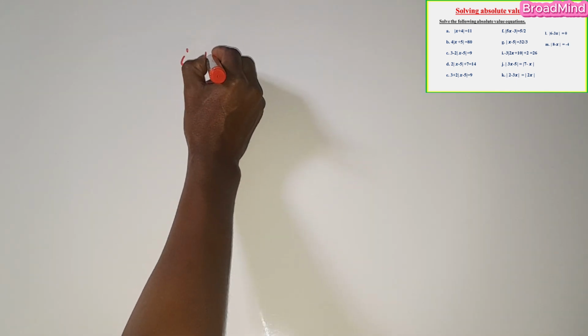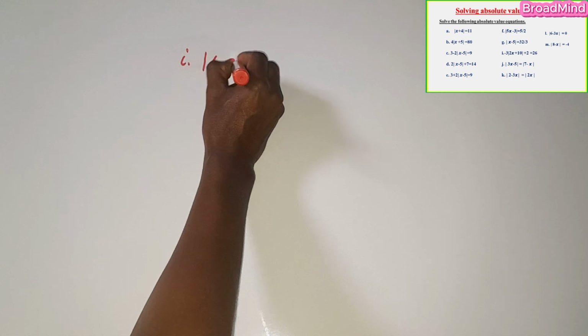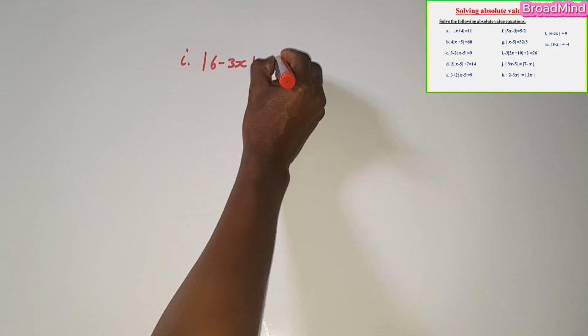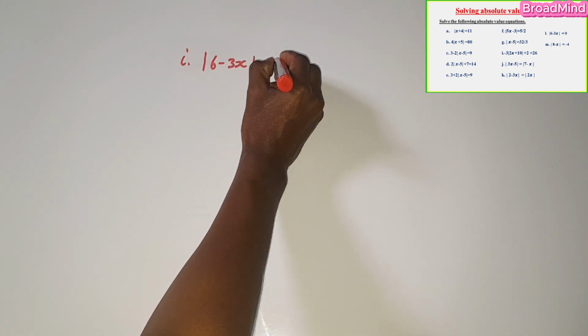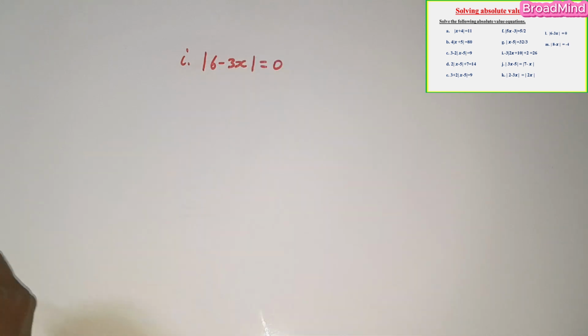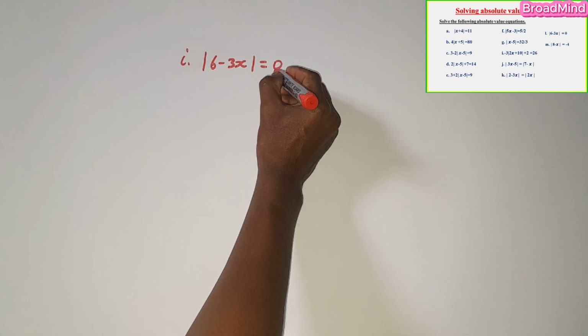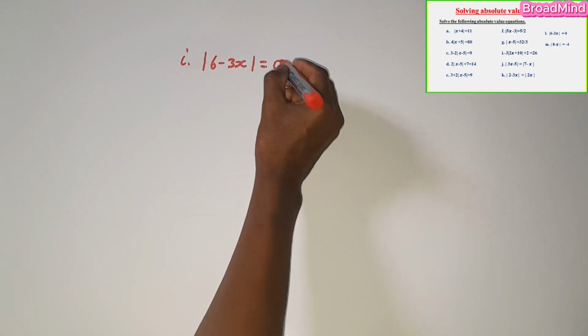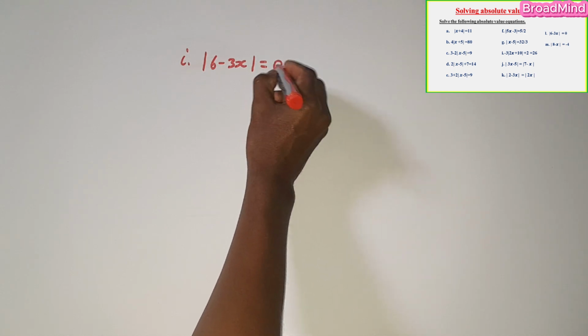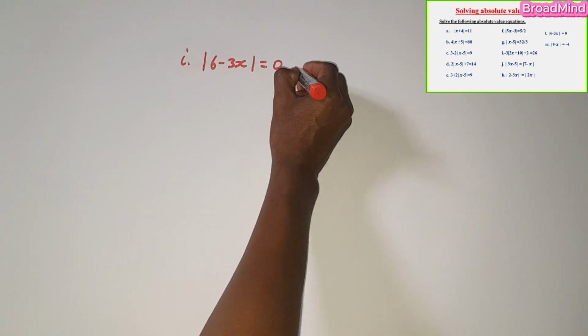Absolute value of 6 minus 3x is equal to 0. So consider this one, it has one solution.